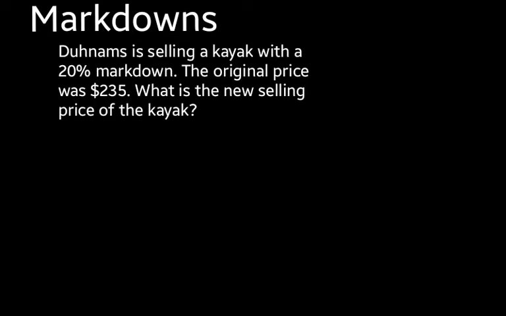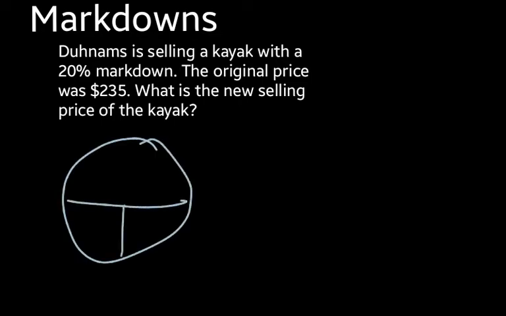Alright, now this question is a little bit different because it says Dunham's is selling a kayak with a 20% markdown. The original price was $235. What is the new selling price of the kayak? So if we give this one a shot, we'll draw our PBR circle, but this time I'm going to be filling in the original selling price of $235. The 20% markdown, I could find the markdown and subtract it from the $235 if I want.